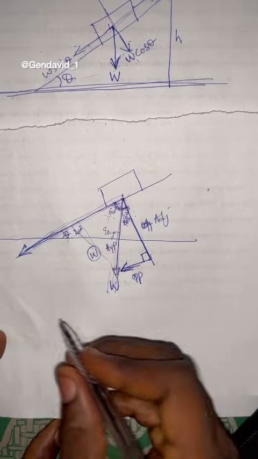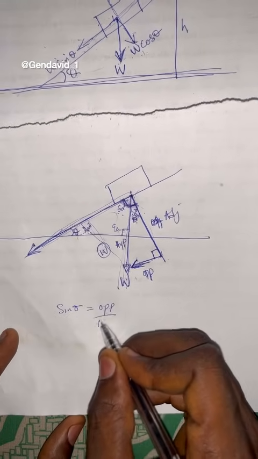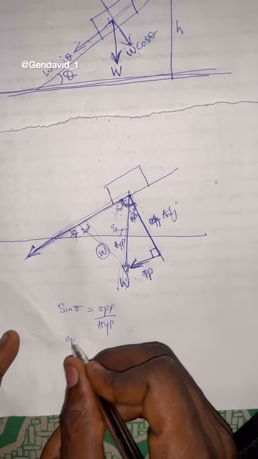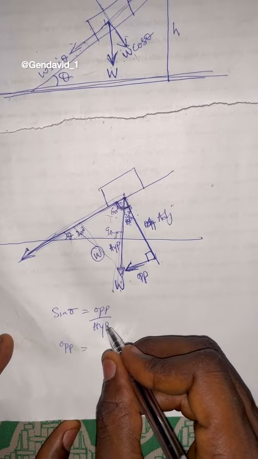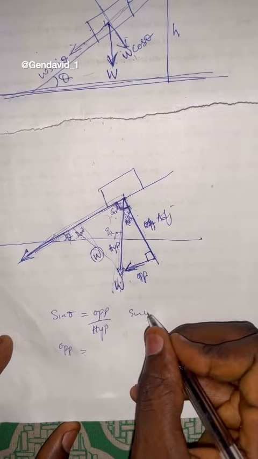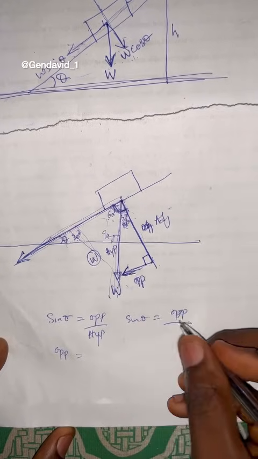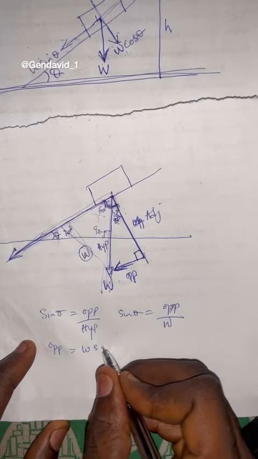Now if the third side is adjacent, according to SOHCAHTOA, sin theta will be opposite over hypotenuse. Let me look for this opposite here. Sin theta is equal to opposite over hypotenuse, and our hypotenuse is the weight. So opposite will now be W sin theta.